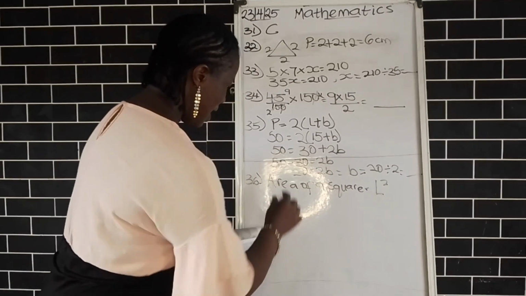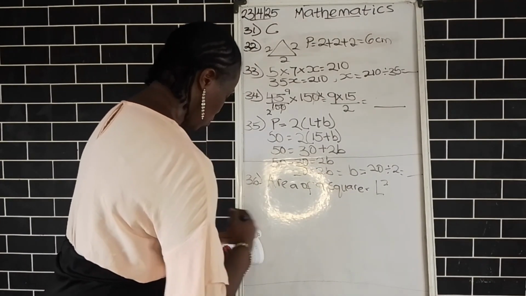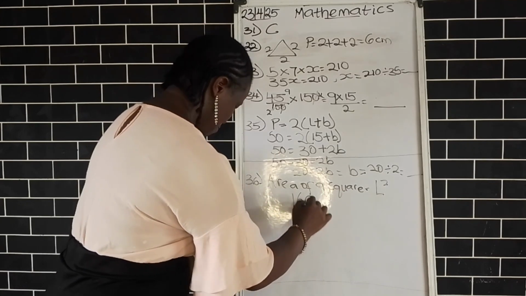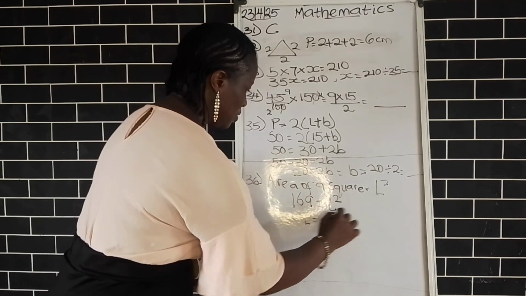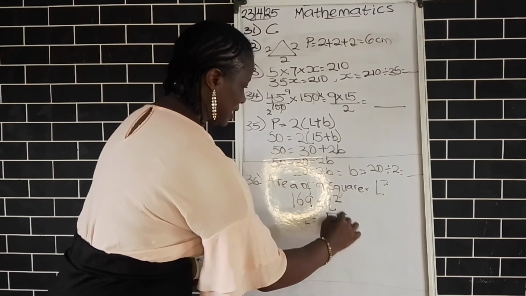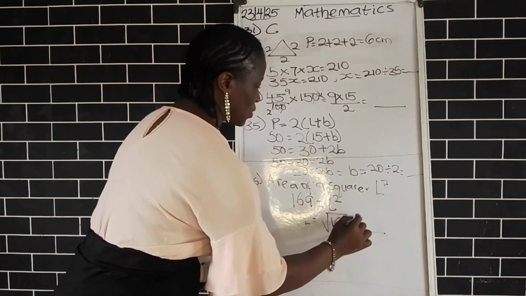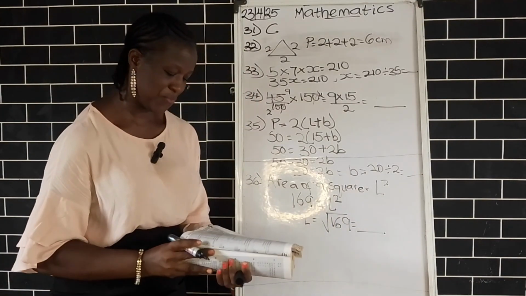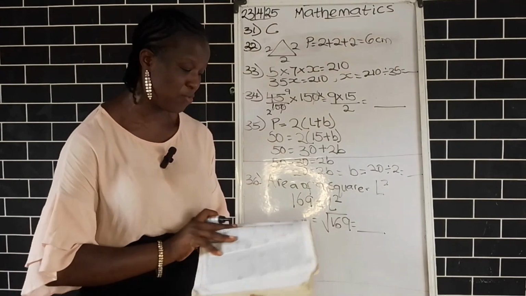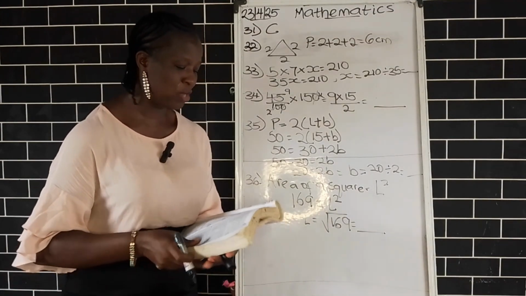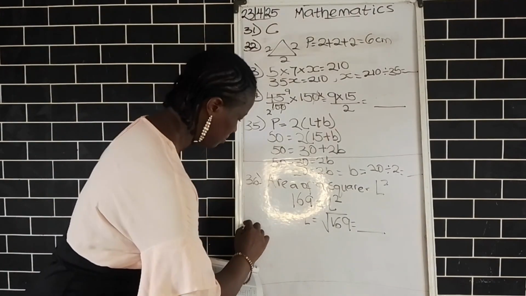And they've shown us that the area is 169. That 169 is equal to L squared. So L is going to be the square root of 169. Whatever the square root of 169 is, is your final answer. Two numbers that you will multiply together that will give you 169. So now to number 37 question.